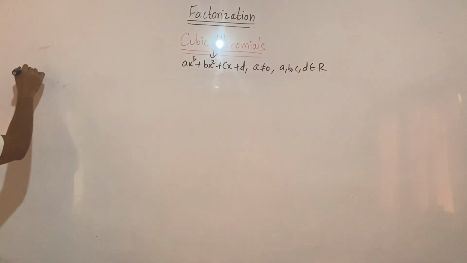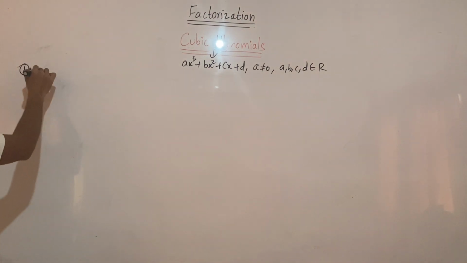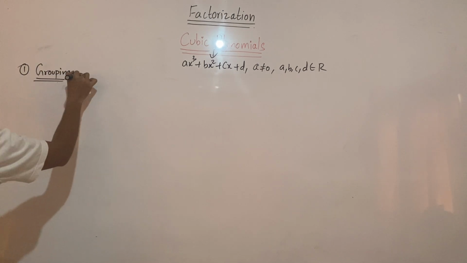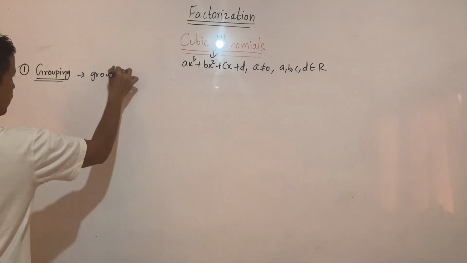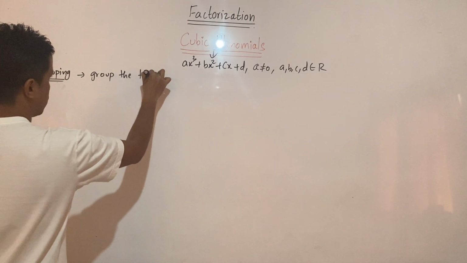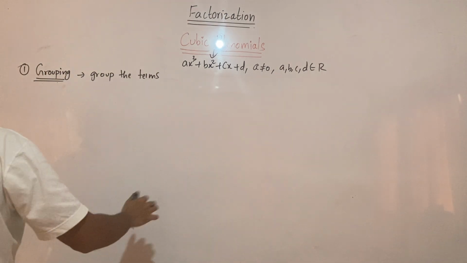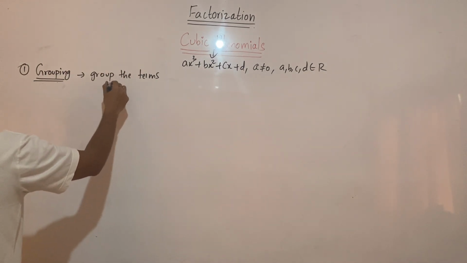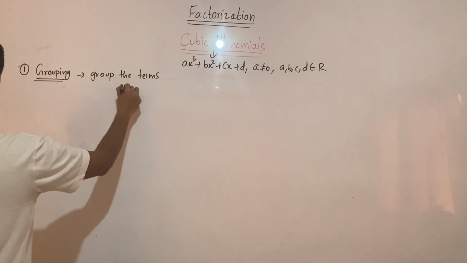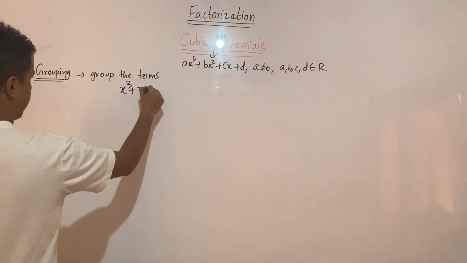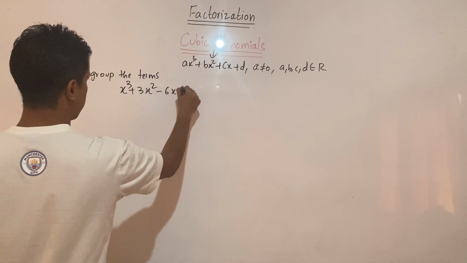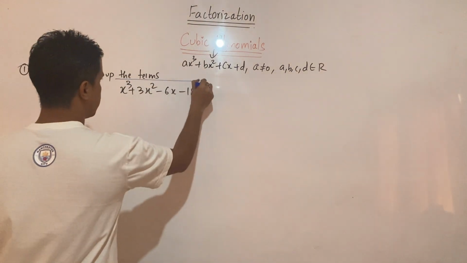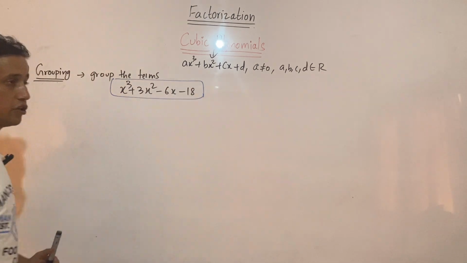The first way that we can use is grouping. Why grouping? Because we group the terms. The example I will take here is x cubed plus 3x squared minus 6x minus 18. This is the given cubic polynomial expression.